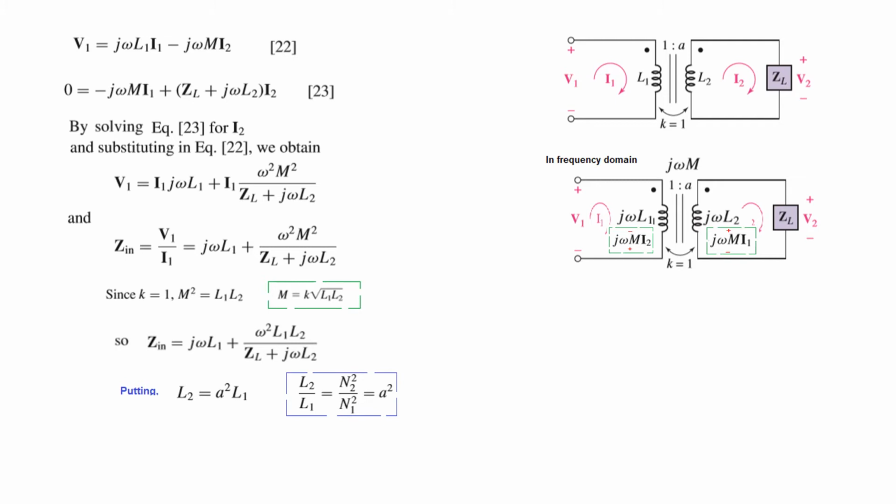And also from this formula we can put the value of L2 as A square L1. L2 is A square L1, and this. So this is the new term that we get. Okay, so we were here.